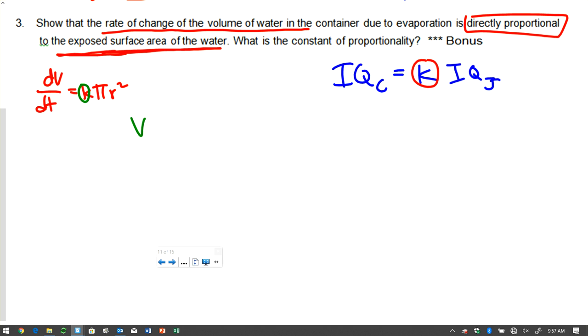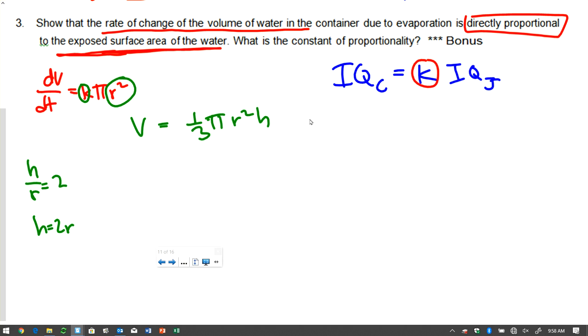So we remember that V is equal to 1/3 πr squared h. In this problem, unlike part B, we don't want to keep the r's. Remember we knew that h over r is equal to 2, so h is 2r.